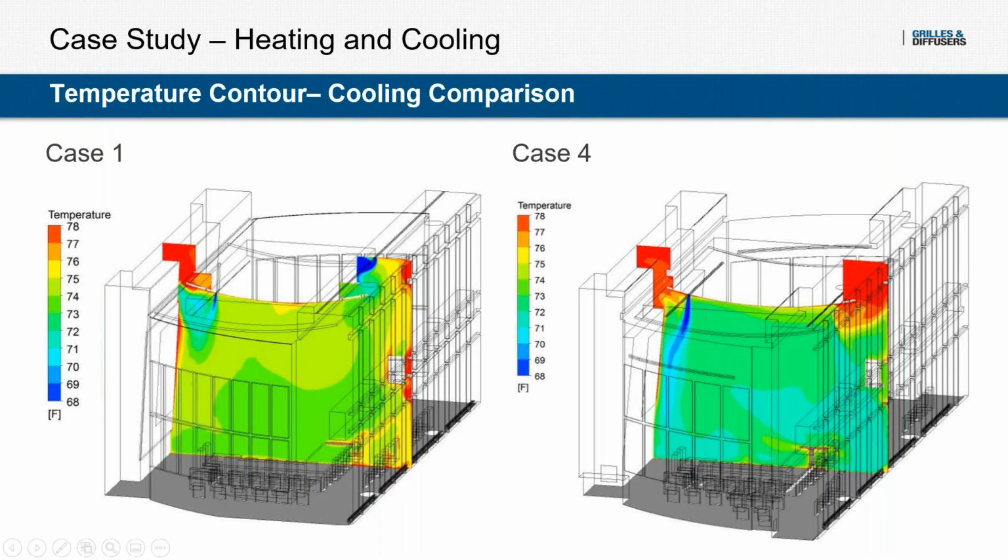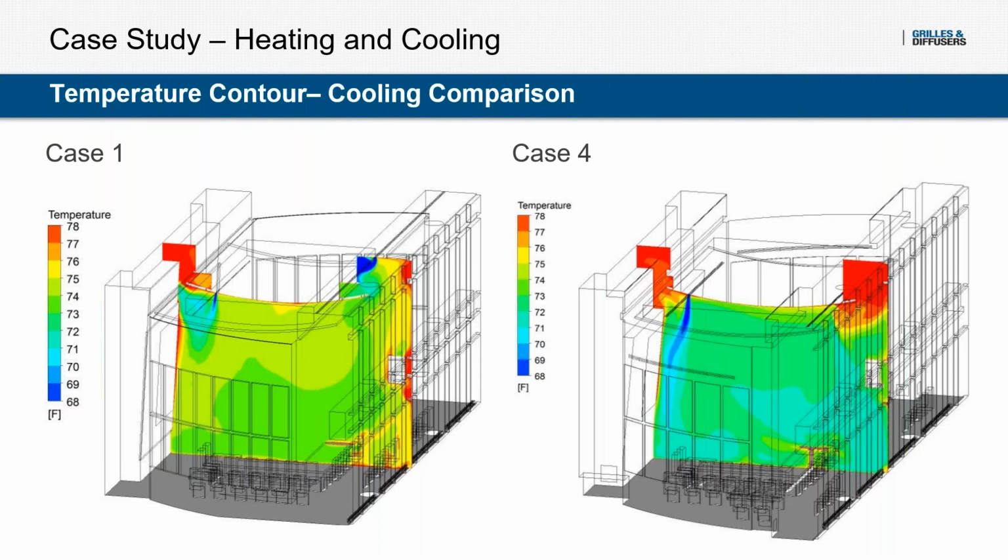When we're looking at case 4, there's definitely some stratification, but it's not in the occupied zone, so we're not as concerned with it. There are some areas of temperature lower than the room set point temperature, but really this was deemed acceptable. When you're designing with a mixing system for both heating and cooling, there's always a little bit of compromise.